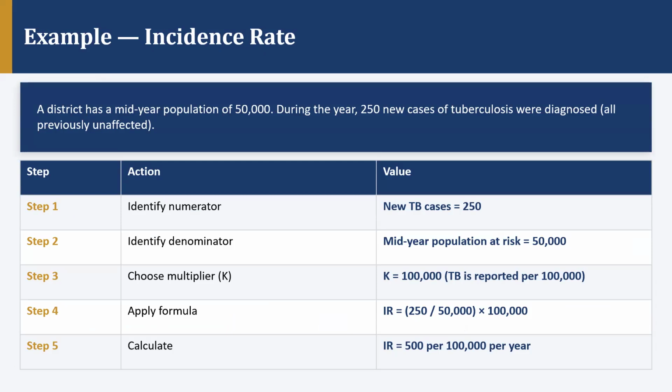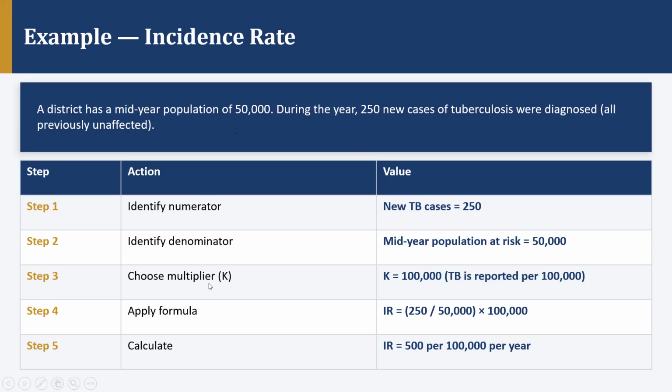A district has a mid-year population of 50,000. During the year, 250 new cases of tuberculosis were diagnosed, all previously unaffected. So the first step is to identify the numerator, which is the new TB cases, 250. Second is the denominator, the mid-year population at risk, which is 50,000.